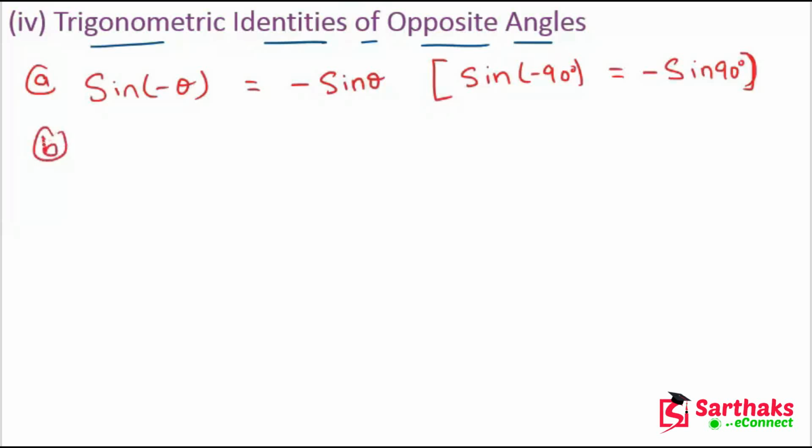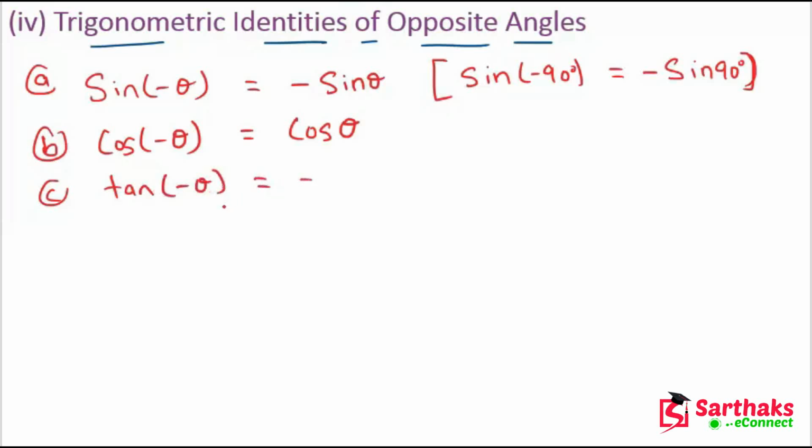The B part is cos minus theta. In this case this will become cos theta, simply; the negative sign is removed. Now see tan minus theta. In this case also, minus tan theta, so the minus comes outside. Cot minus theta, same in this case, it will become minus cot theta.